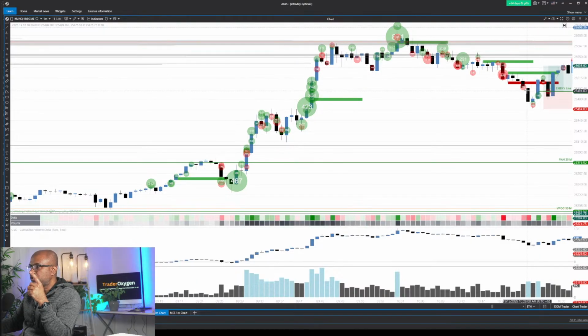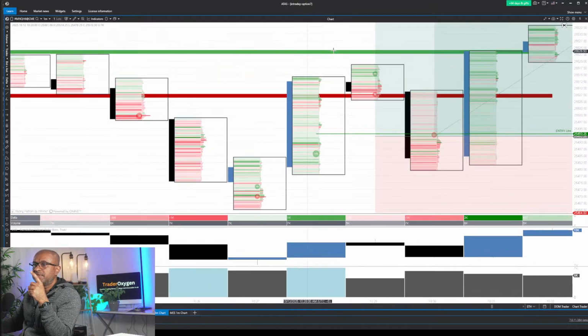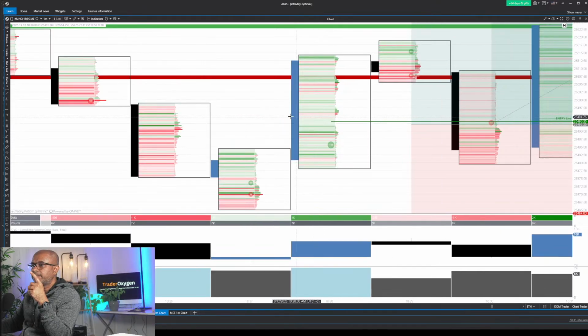Retrace, pushed up. If I zoom that area, this is that area. It retraced in that part, then pushed up. You can see the bearish candles stopped printing and bullish candles started printing.